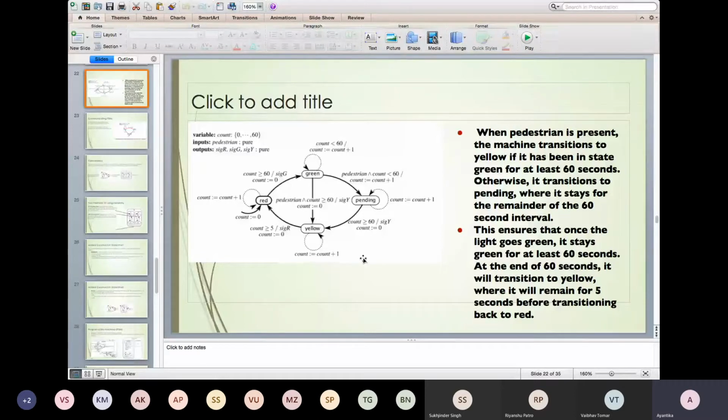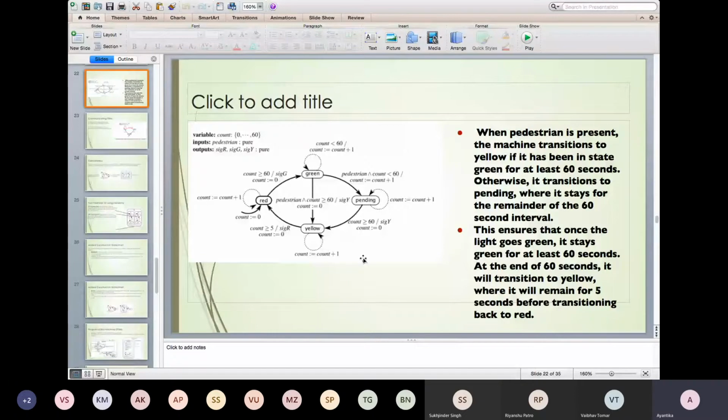You're correct, it is not mentioned specifically that if the pedestrian is not there, that input is absent, what will happen to this state machine? Where will it continue? In state green. Ideally, if nothing is given, it should continue in state green because there is no transition specified.